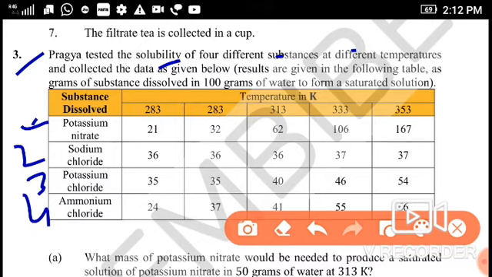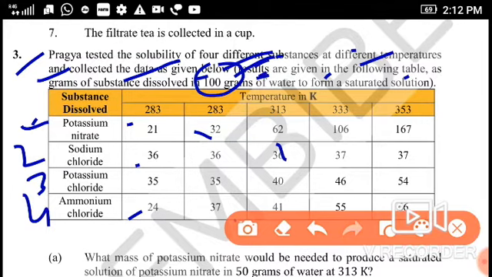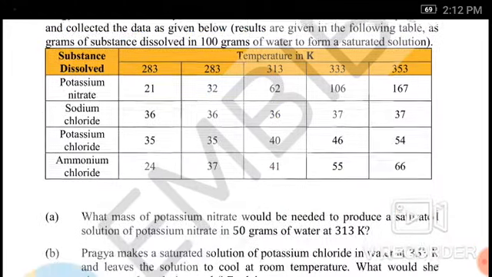Results are given in the following table as grams of substance dissolved in 100 grams of water to form a saturated solution. Means these are the amounts of the substances dissolved in 100 grams. You should remember this term, 100 gram. Okay. Now we are going to the questions and answers.